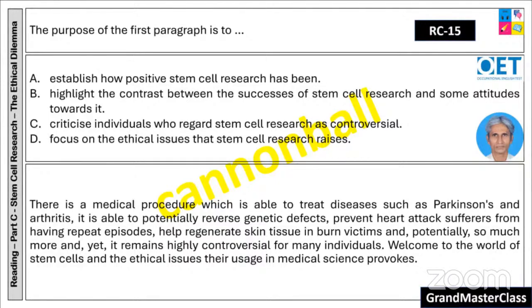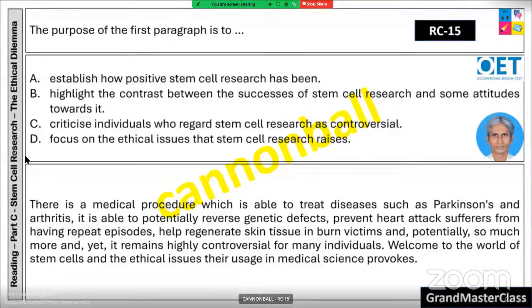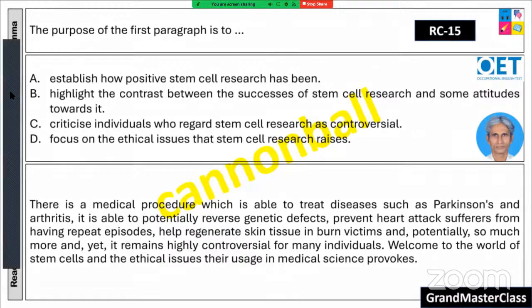So it is talking about both the things, that it is also highlighting the success till now they have taken from the stem cell, and also they are telling about the attitude towards their problem and the ethical issues arising. That is why I felt that B should be the answer. Okay. Right. Fine. Now let us check our clues here and how it is related. Okay, you can mute back.